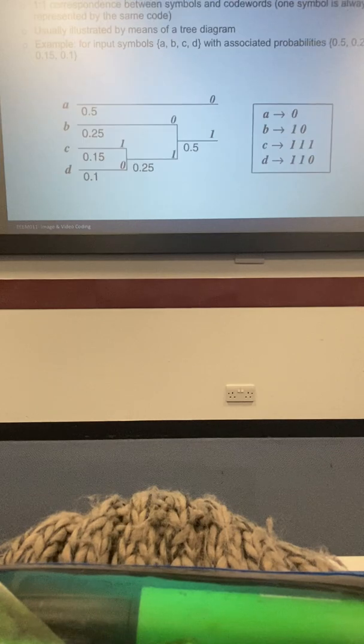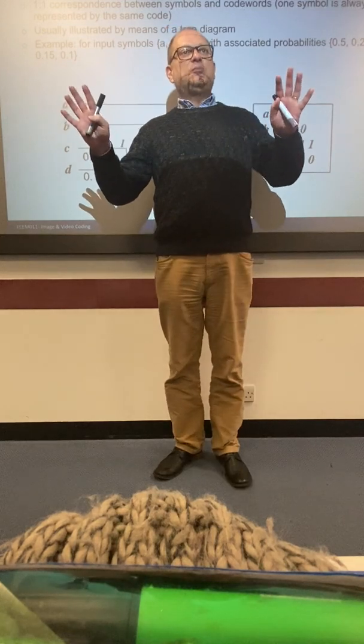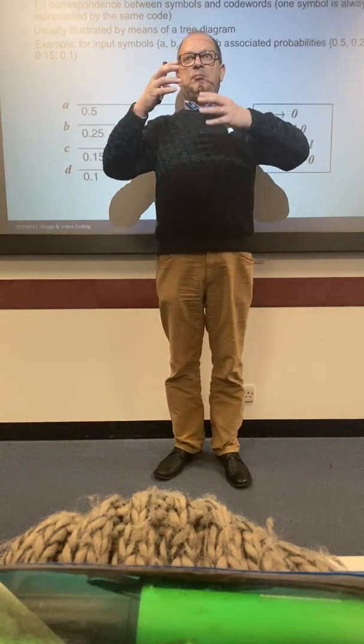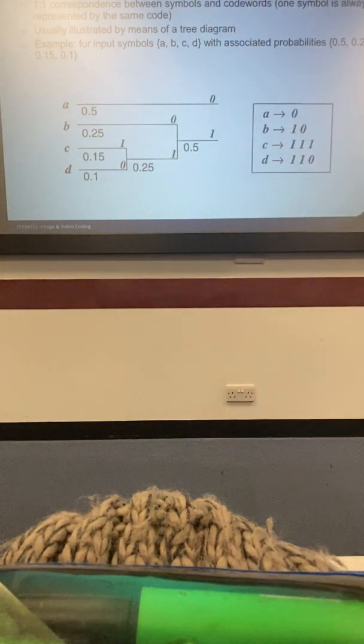Okay. So how do we do Huffman coding? There's more than one way to do it, and they will not all produce the same mapping between symbols and numbers, but they will all produce the same entropy, the same efficiency.